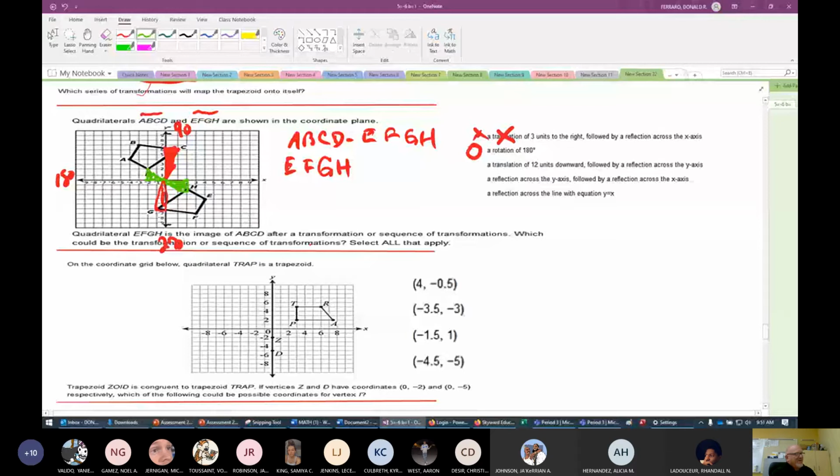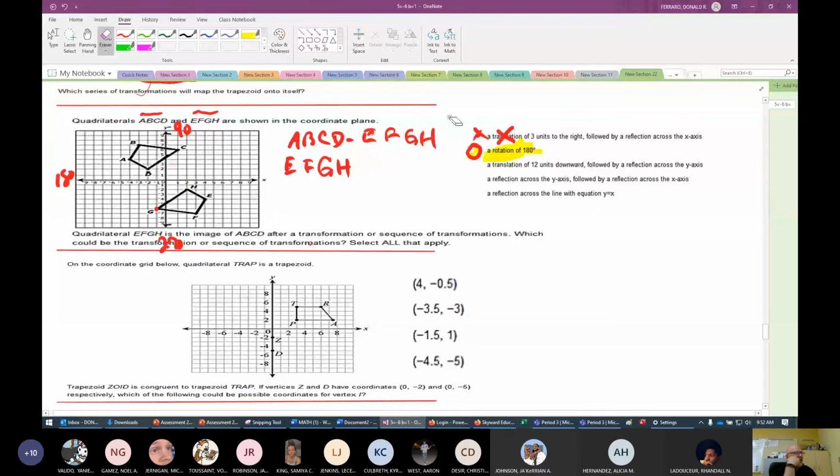So it's right here. All right. So that is one of the answers that I'm going to get. Now, let's clean that up. So I was able to rotate that 180 degrees, and my points mapped as I expected them to map.